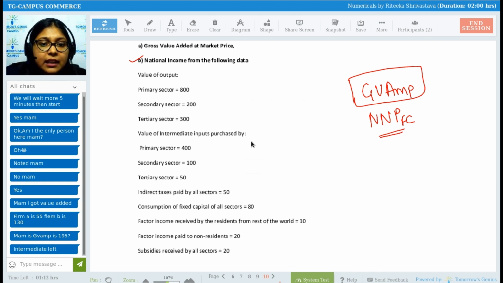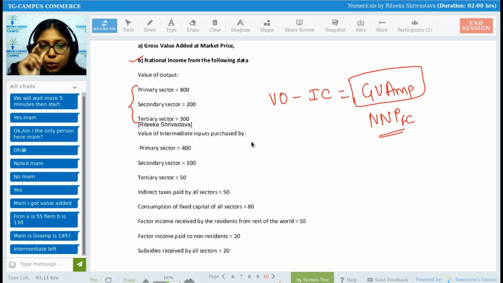Now here what is the difference? They have given you under value of output three sectors: primary, secondary, tertiary. Again, under value of intermediate goods, they have given you primary, secondary, tertiary. At the beginning, when we were seeing the formulas, I told you that while calculating the value added method, you are going to involve all the sectors. So for value of output minus intermediate consumption, GVAMP, you will calculate value of output for all the sectors, then write the total over here.